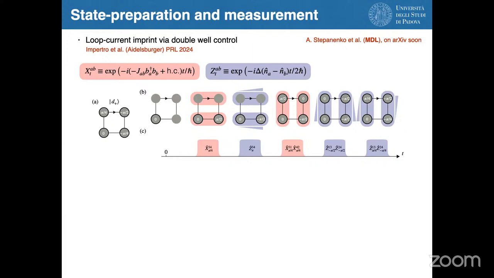For example, I start with one particle on this site, I apply a pulse of the right time length, and then I split my particle 50-50 along this dimer, with a certain phase difference. Then I use another unitary operation, a tilt in the on-site energies, which allows me to control the relative phase.